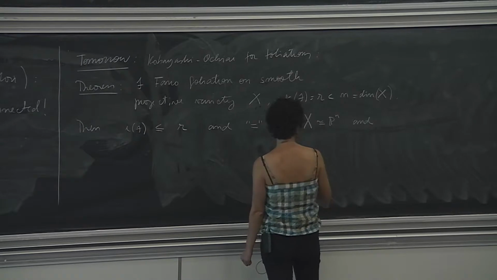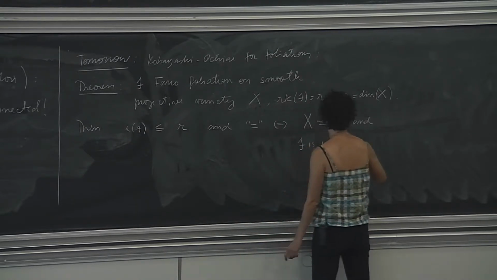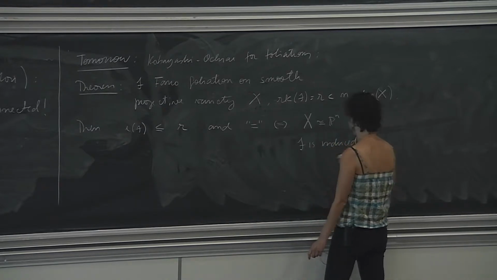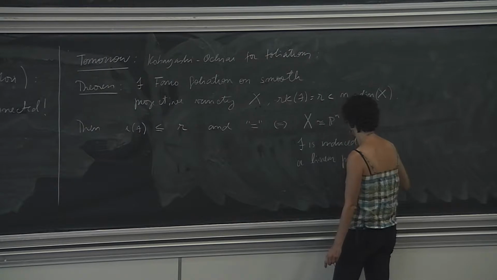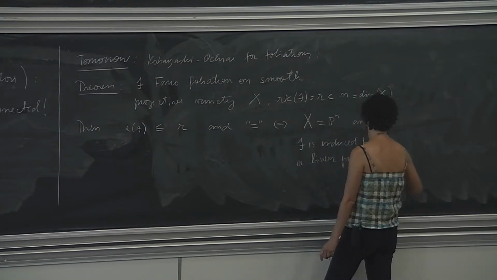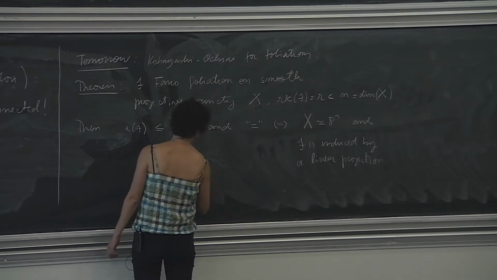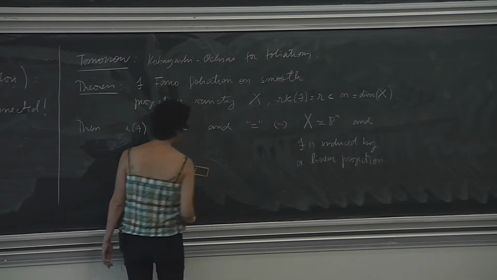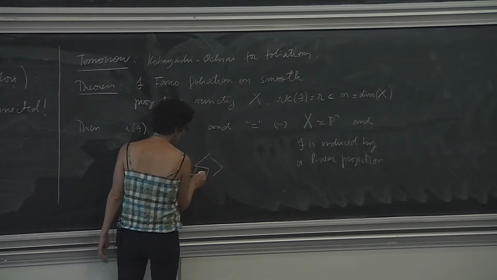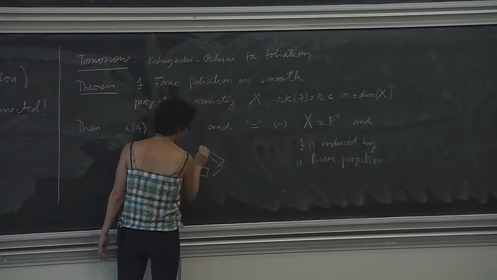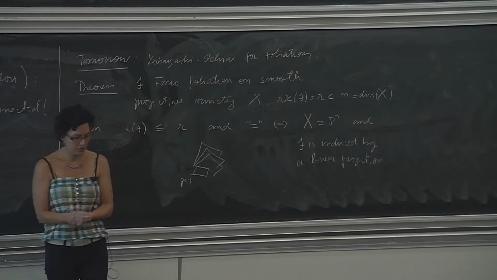and F is induced by a linear projection. So that means that you fix a P^(r-1) inside a P^n, and you look at all linear P^r's that contain this fixed P^(r-1).